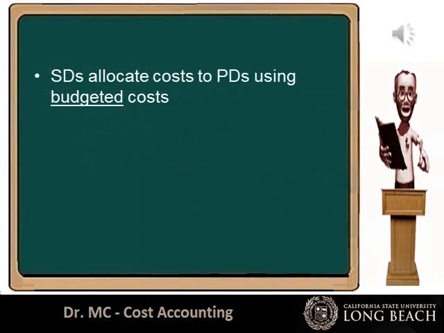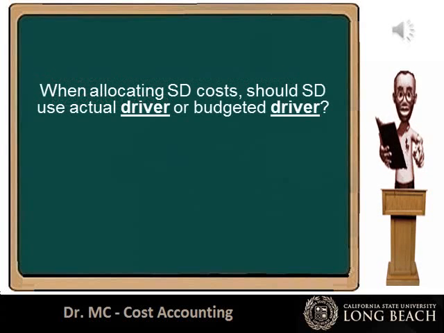When allocating costs to production departments, the support departments allocate budgeted costs, not actual costs. When allocating budgeted costs, do support departments use the budgeted cost driver or the actual driver? The answer to that question depends on the situation.